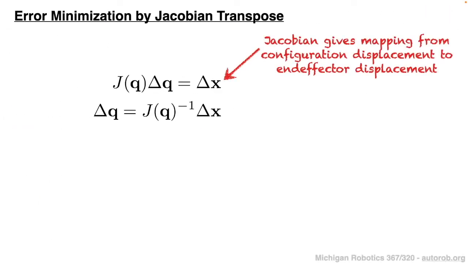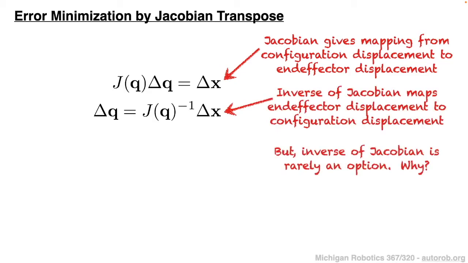And so contrasting the Jacobian transpose with the Jacobian inverse approach, to recall, what the Jacobian inverse will do is give us a mapping from end effector displacement to configuration displacement. But the inverse of the Jacobian is rarely an option, typically because the number of degrees of freedom on our robot will be larger than 6, so it won't be a square matrix, so it won't be invertible, the Jacobian that is.